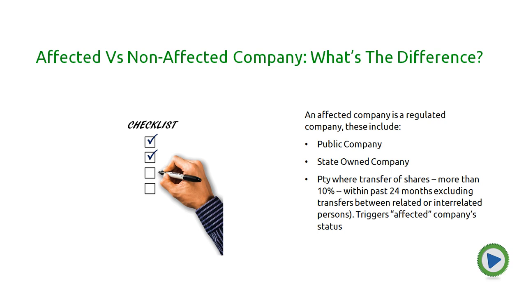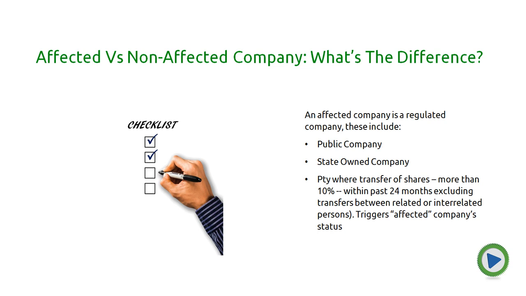When I say a company regulated, this includes public companies, whether listed or not listed, and state-owned companies, SOEs, state-owned enterprises, like Eskom. It also includes, and this is a special category, where maybe you could also become an affected company: if, for example, there was a transfer of shares in a private company where more than 10% of those shares within the past 24 months have been transferred between two parties.